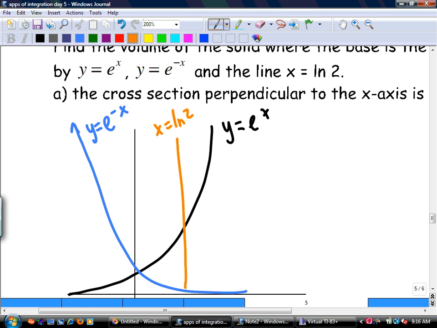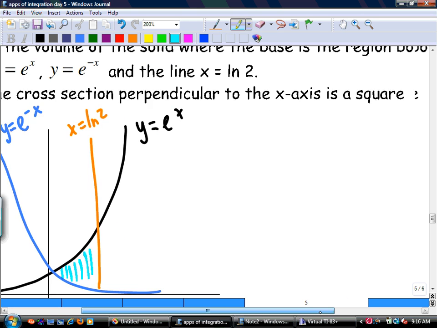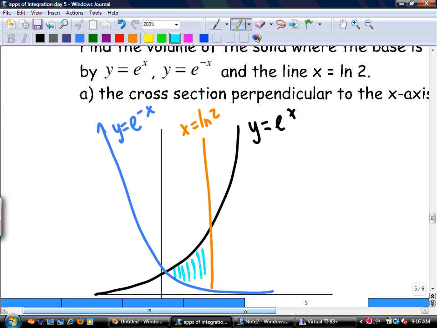So what area are we talking about? We're talking about this area here, and what are we going to build on it? It's a square. Building squares on a curvy triangle.